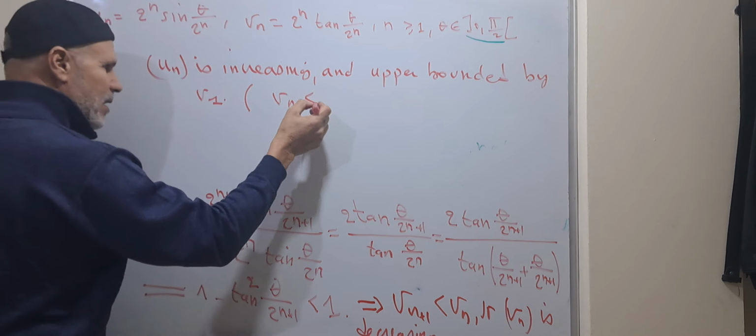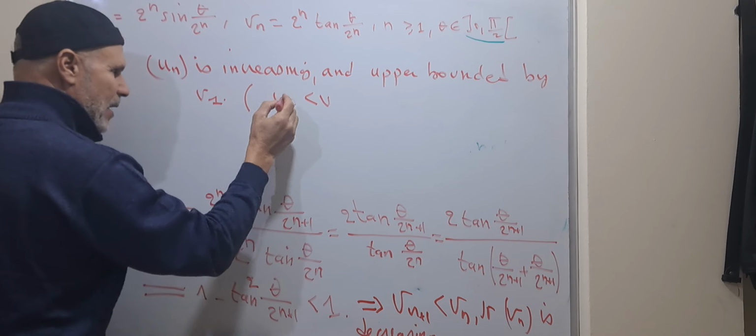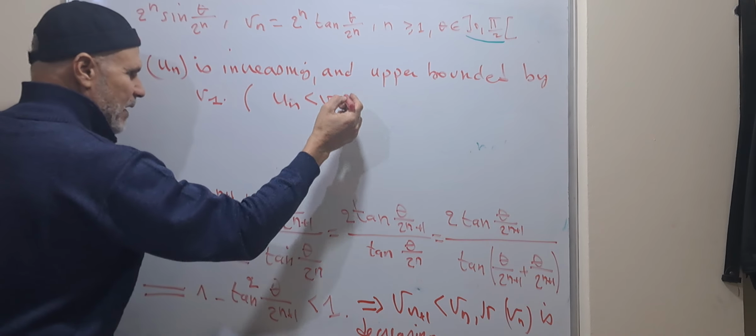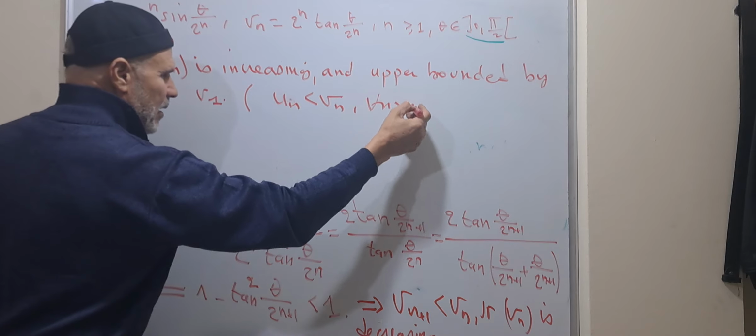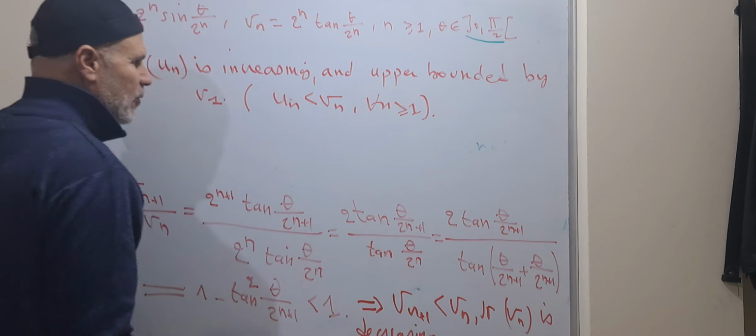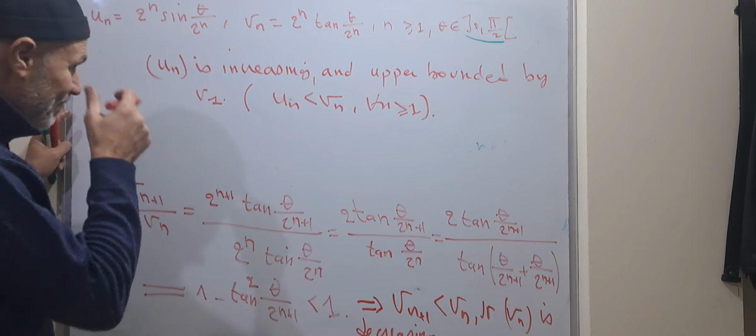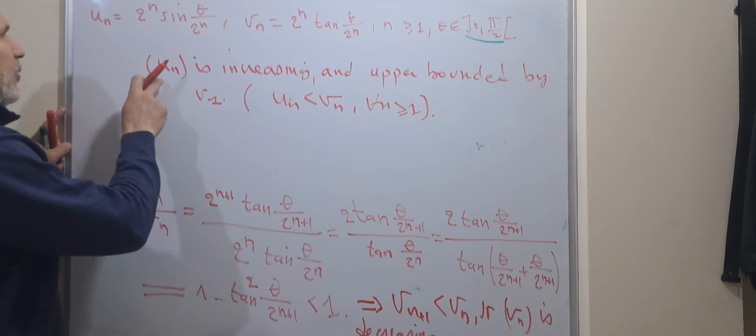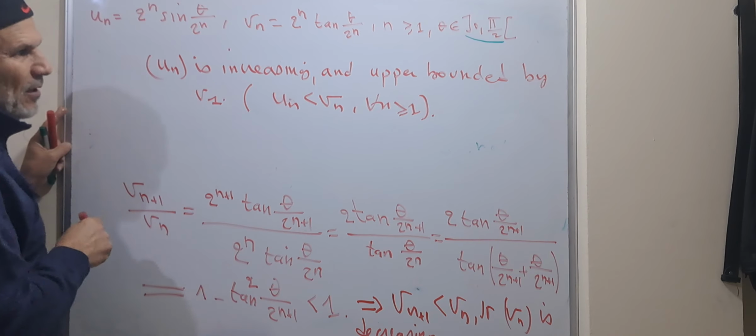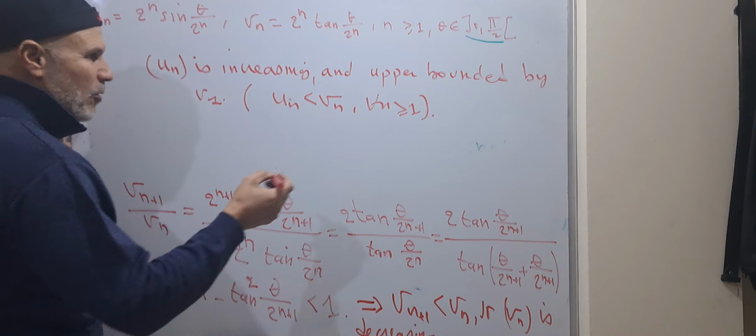Because u_n is less than v_n for all n greater than or equal to 1. We proved this previously. u_n is increasing and upper bounded by v_n, so it is convergent.